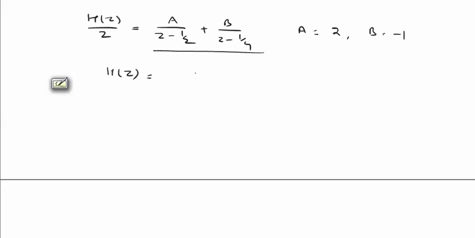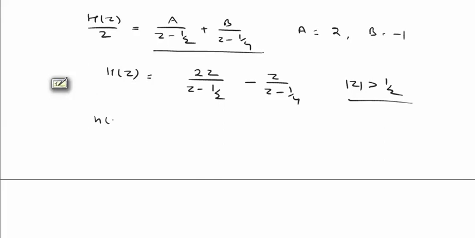H(Z) finally comes out as given. In the question the causal ROC is given to us, so we directly write the expression for the inverse Z transform in this way, with minus 1/4 to the power n u[n]. This is our complete answer for the impulse response.